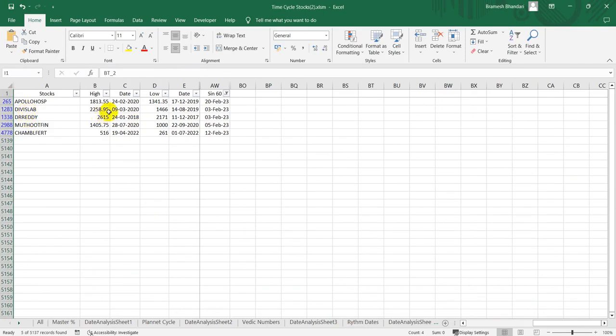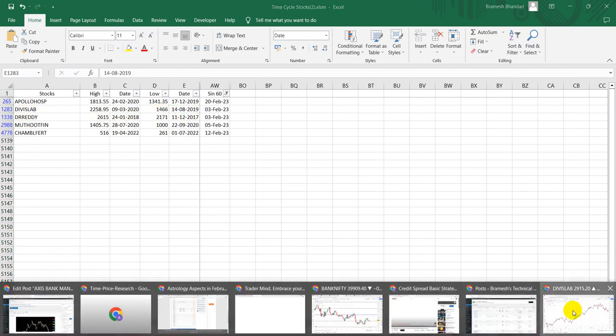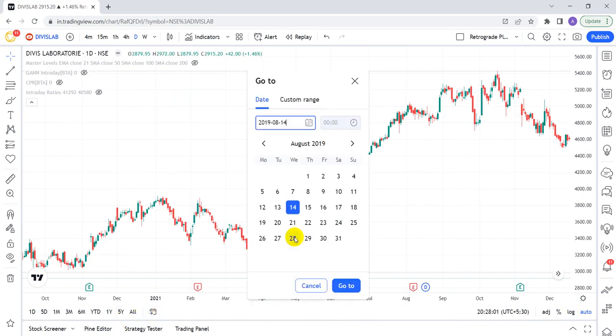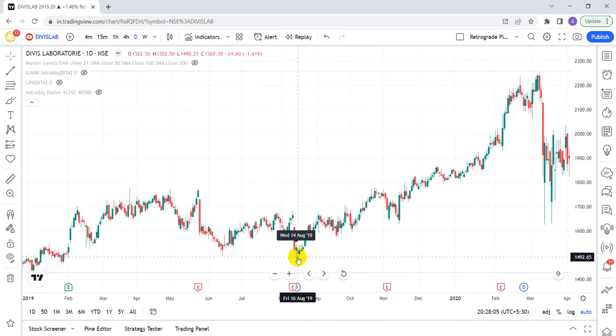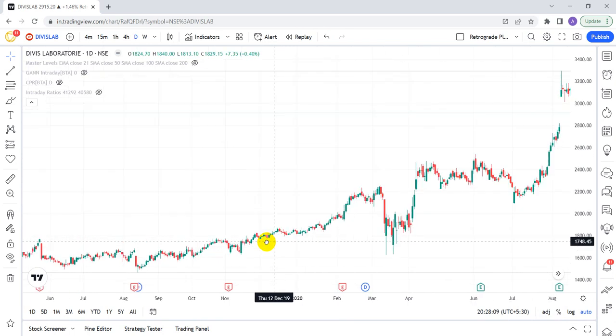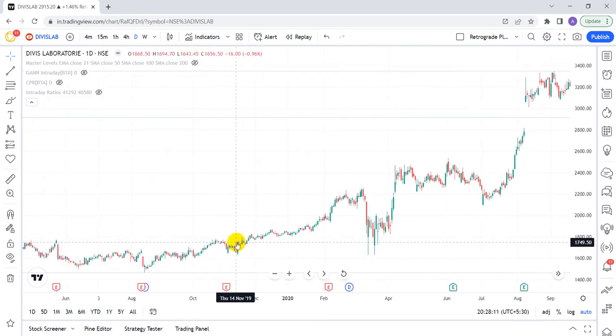I think I had taken a wrong bottom. On 14th August 2019, it made a low of 1466. So first let's go and check this figure. Yes, on 14th August 2019, it made a low of 1466. From there, the stock has been rallying. This was a long-term bottom.